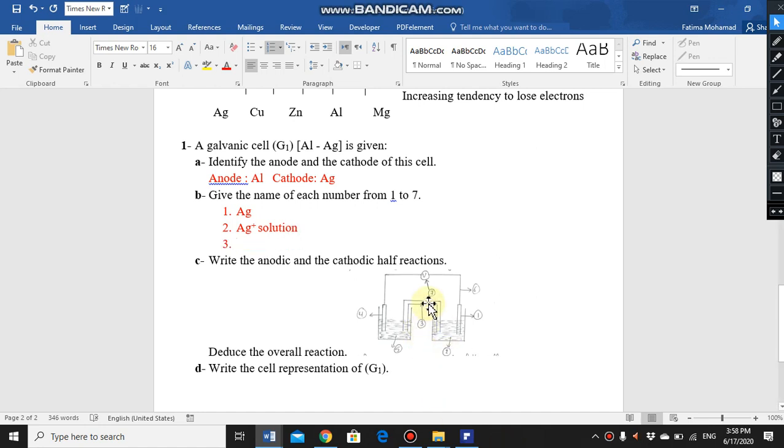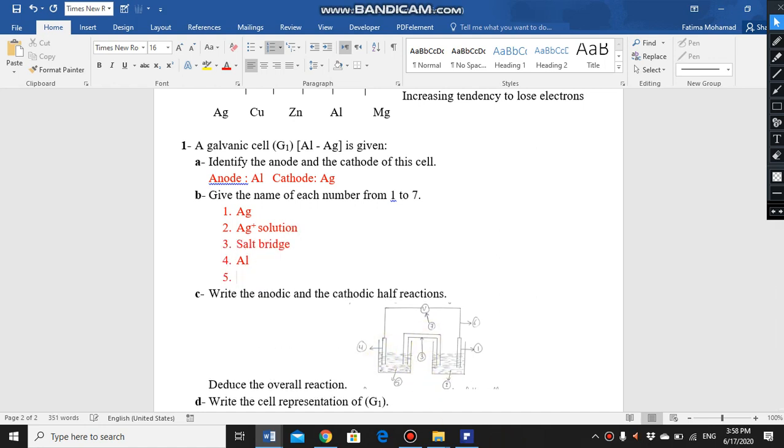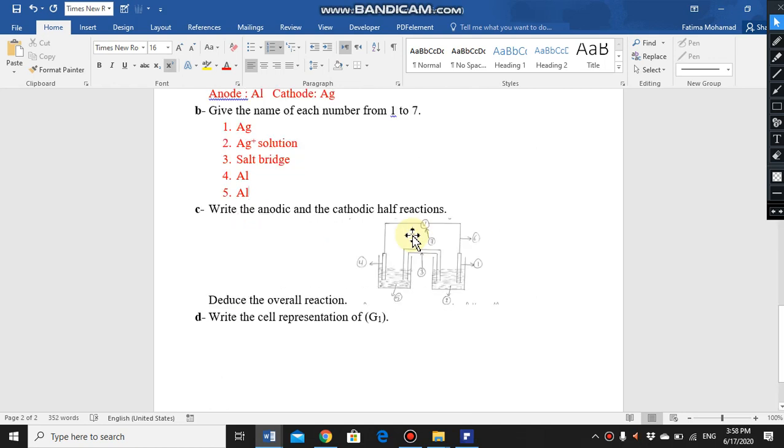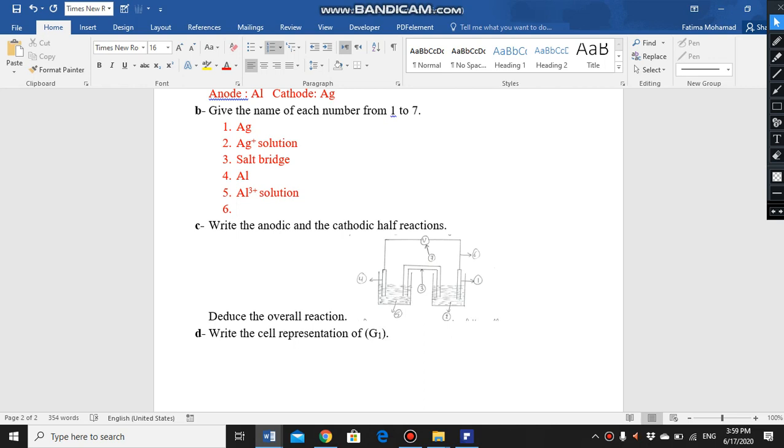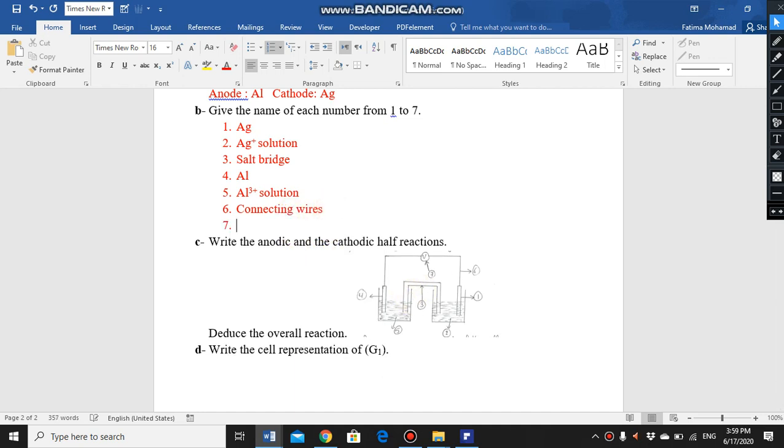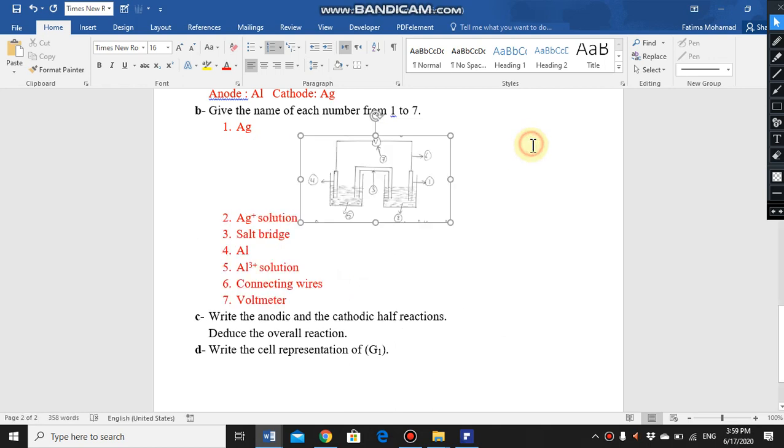Number 3, Al, is the anode. Number 5 we have the solution. Number 6 is the connecting wires. I wrote R by mistake. And number 7 is the voltmeter.